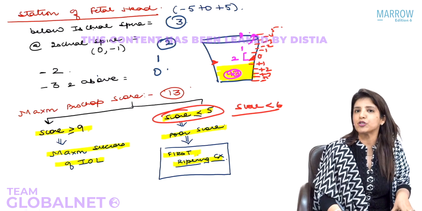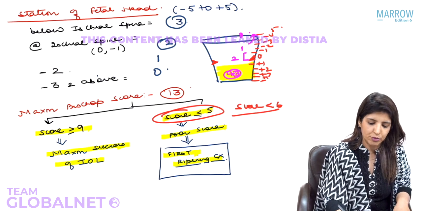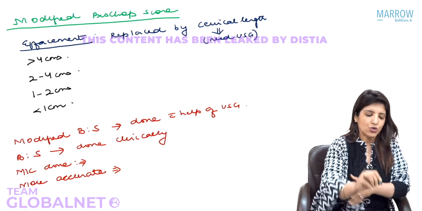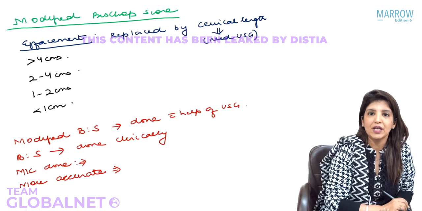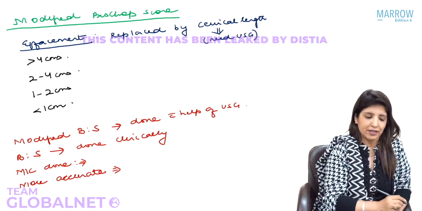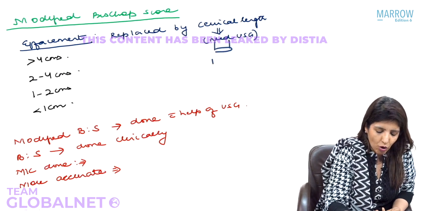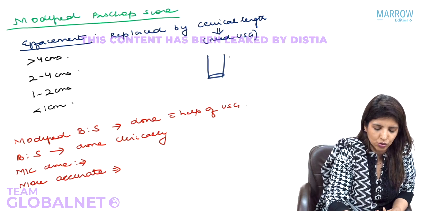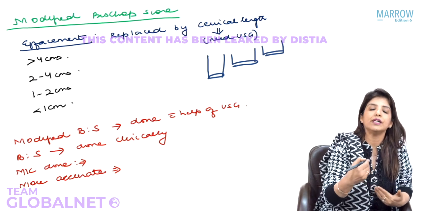In modified Bishop score, I told you that the effacement has been replaced by the length of the cervix. Right? So if the length of the cervix is more than 4 centimeters, is it a good thing or bad thing? It is a bad thing, because as the labor progresses and the cervix dilates, the length of the cervix should decrease.